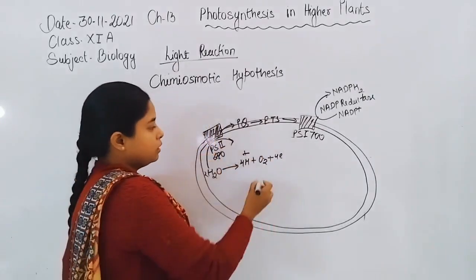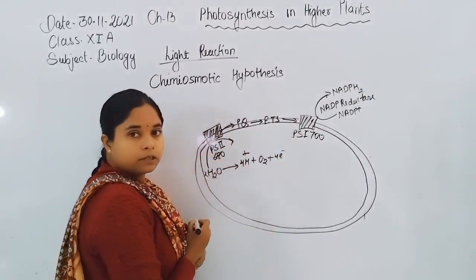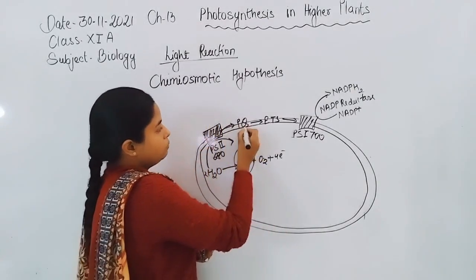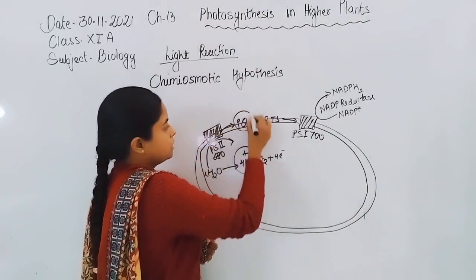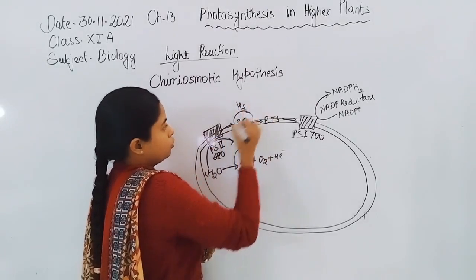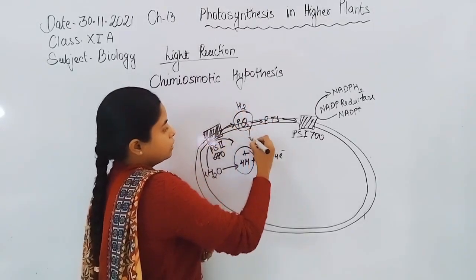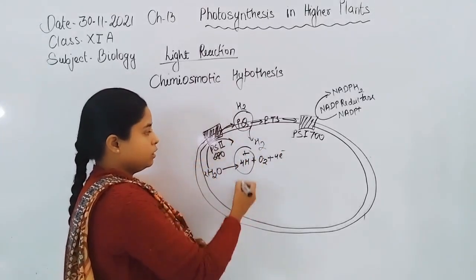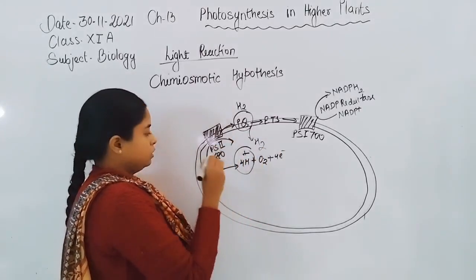So here the electron is used in the recovery of the electron. And what about the proton? Again, plastoquinone actually functions as a proton acceptor, but when it receives an electron, it also emits protons into the lumen.